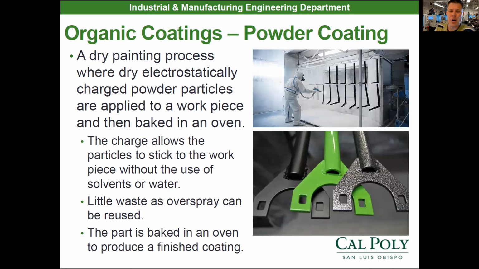With powder coating, we charge the workpiece on a rack. That charge allows powdered particles to stick to the workpiece without the use of solvents or water. So I can spray it, the particles electrostatically stick to the metal workpiece, and at that point I put it in an oven to bake on the coating.